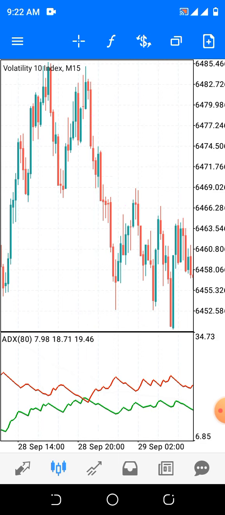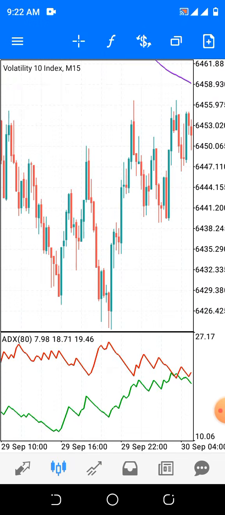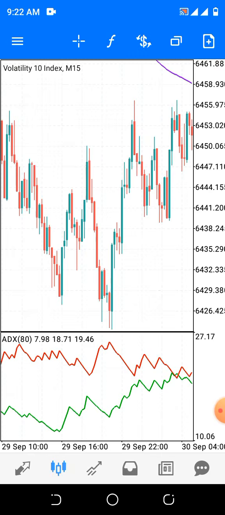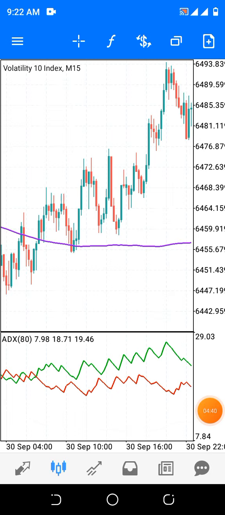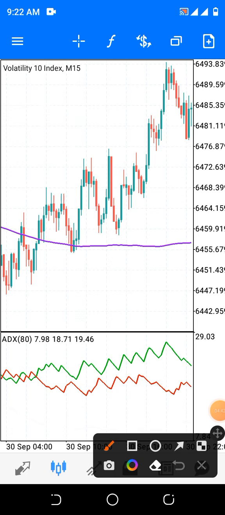Now in this case, you see that the market crosses the moving average, so the market is now bullish. Once you discover that the market is now bullish, you come to the side of ADX to look for your entry in that direction. So in this case, we'll be focusing on where to enter buy.